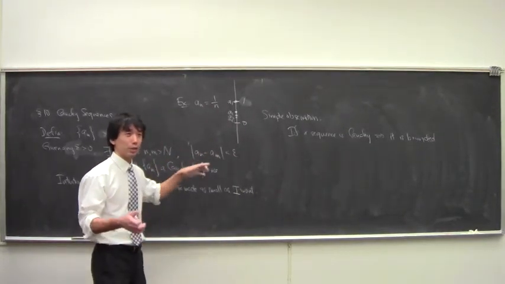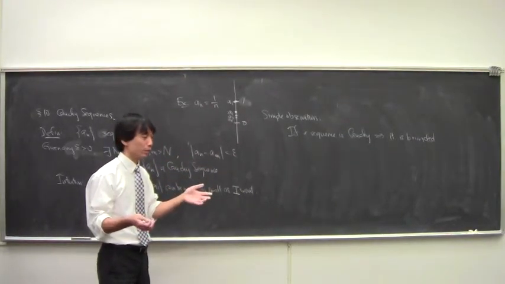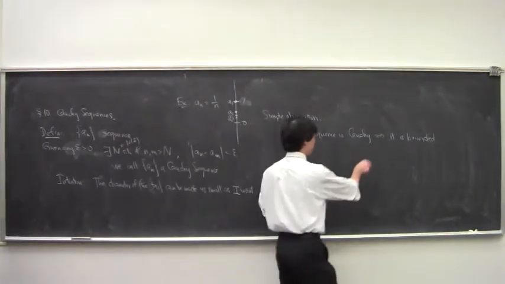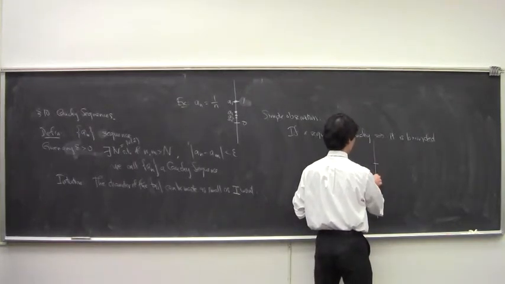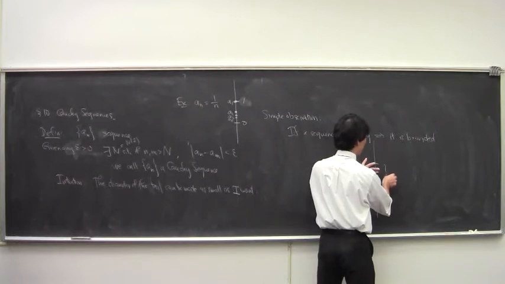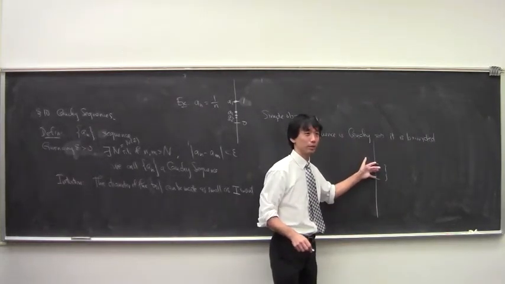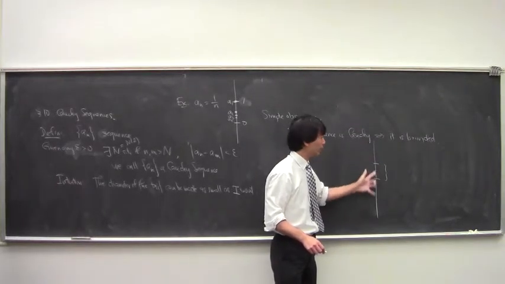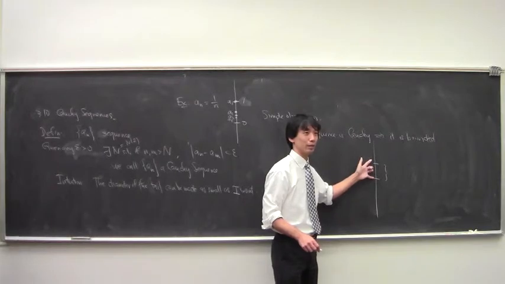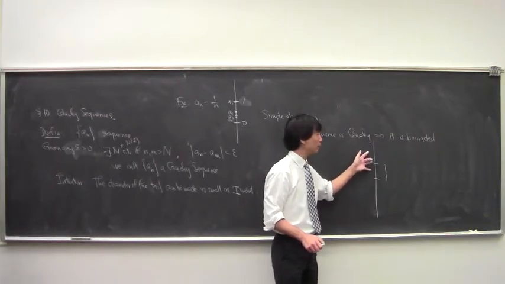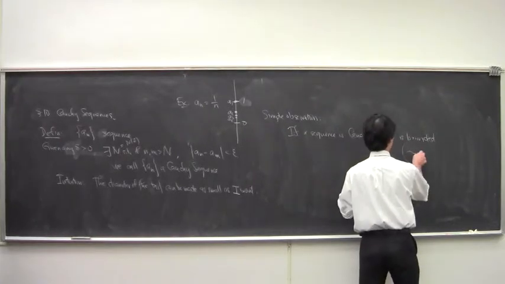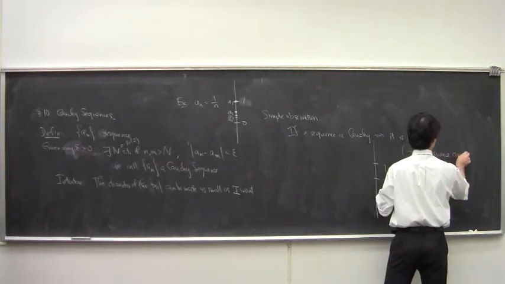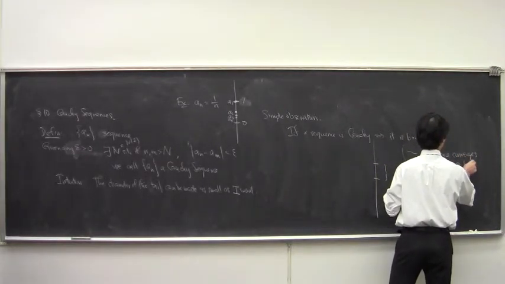So the intuition is pretty clear. A Cauchy sequence means that you can control the diameter of the tail. So just say, let the diameter be 1. Then you know that the tail lies within some unit interval, and so that part is bounded. And then the part before is finite, and so that part is also bounded. So it's similar to the previous argument that a convergent sequence is bounded.